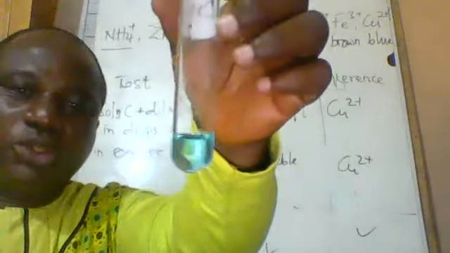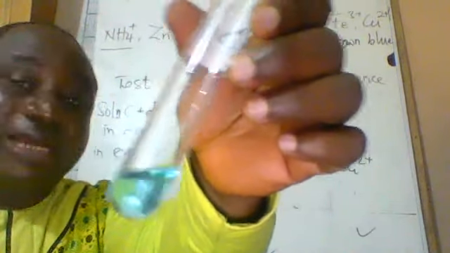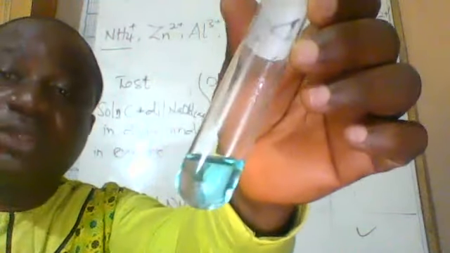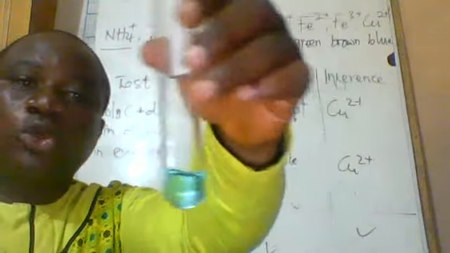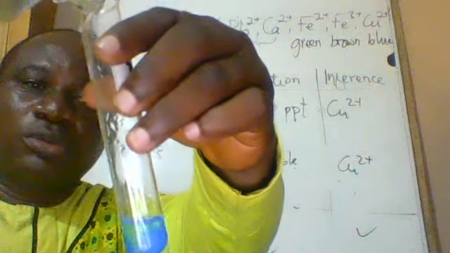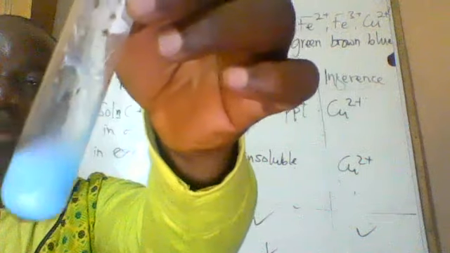You see the solution for copper? It is blue already. You have not added anything. The thing is already blue. So this one too, if you cannot record it, then what again? So you add ammonia in drops. It gives you light blue gelatinous PPT. Have you seen it?